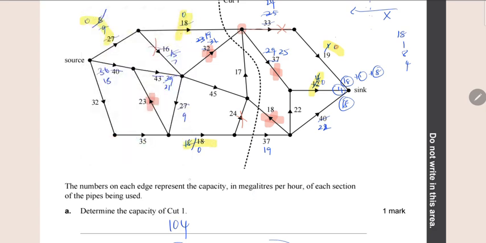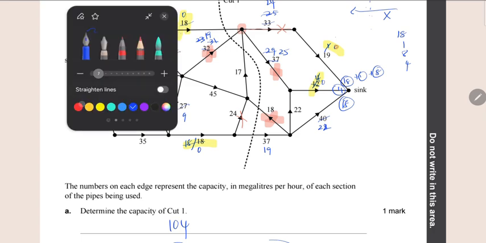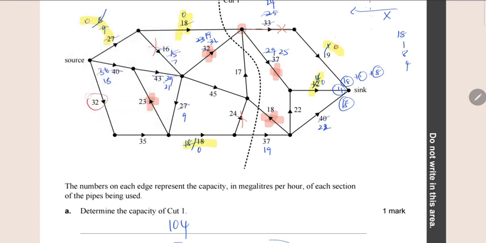Now even though there are remaining capacities that can go through, for example, we have that one, but all of them will need to pass through this edge, which is not possible, and so that tells us that we need to stop at this point.